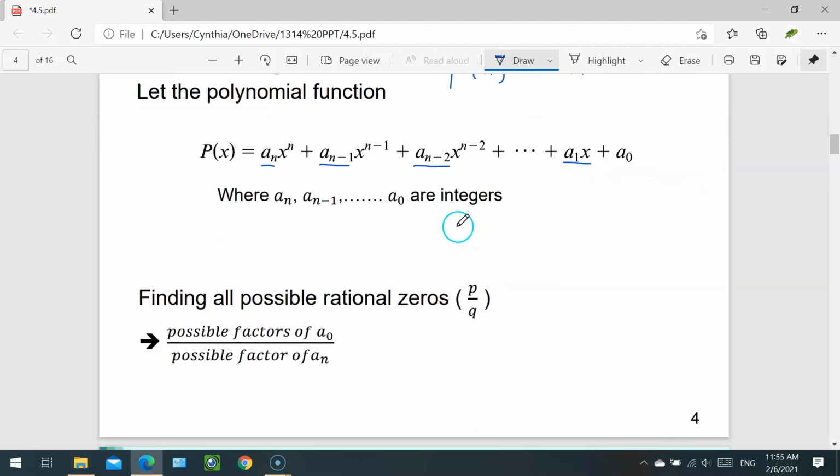Looking at the bottom of the page, the first step is finding all possible rational zeros.